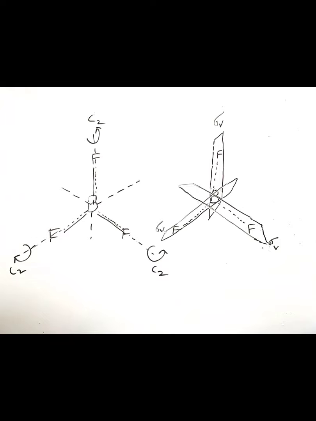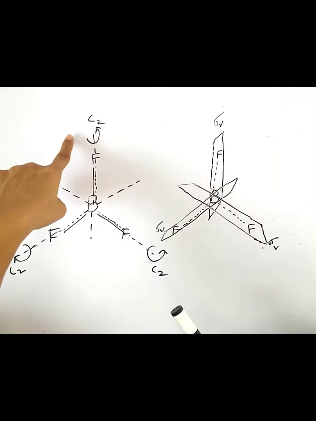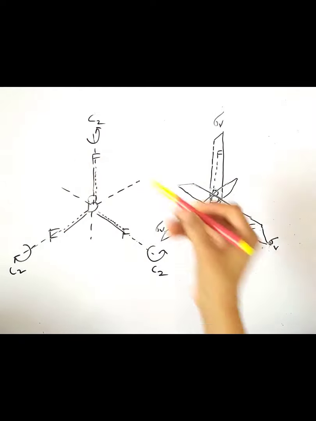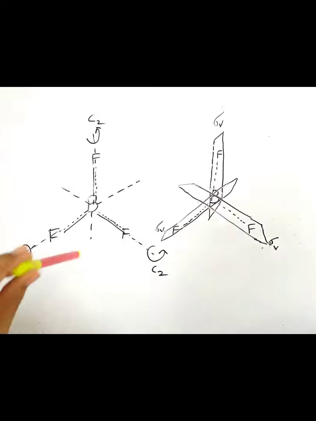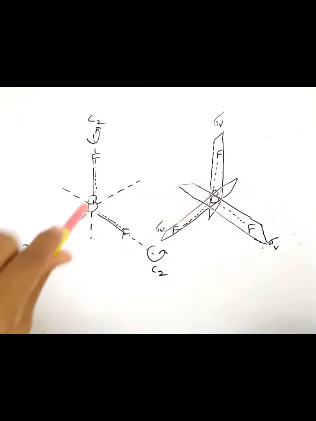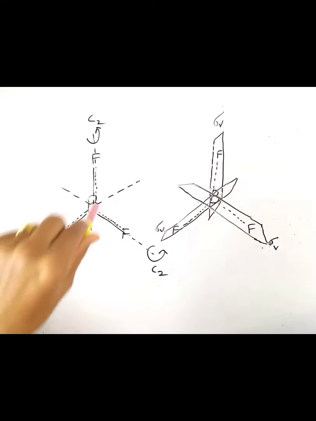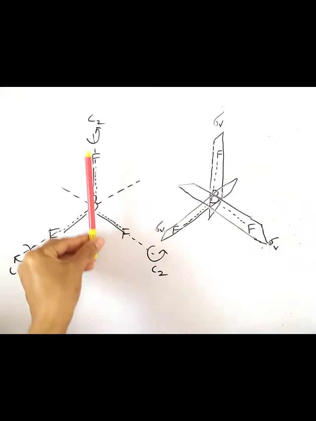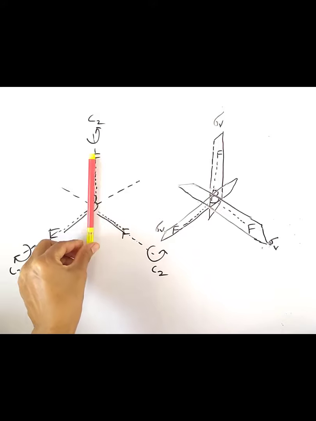I have drawn two diagrams of the BF3 molecule. In the first BF3 molecule, I have shown the C2 axis, which is the subsidiary axis, having C2 fold of rotation. The principal axis in BF3 has C3 fold of rotation and passes through only boron, but the C2 axis we have passed like this, and it is called the subsidiary axis.